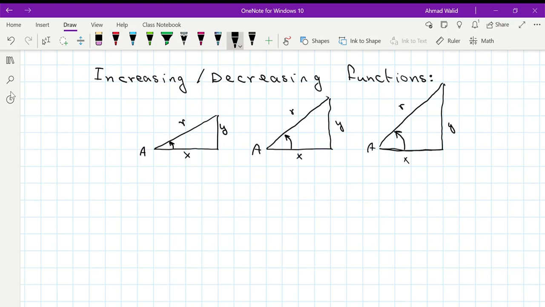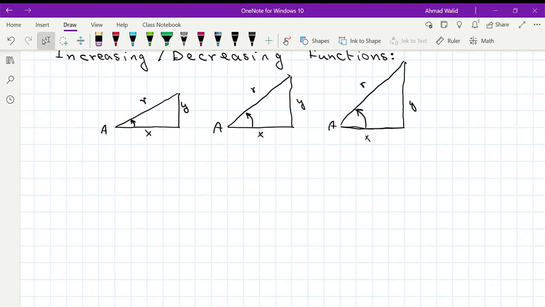Now, which trigonometric function is an increasing function? Which trigonometric function is a decreasing function? Correct? Let's think carefully. I will write sine first.